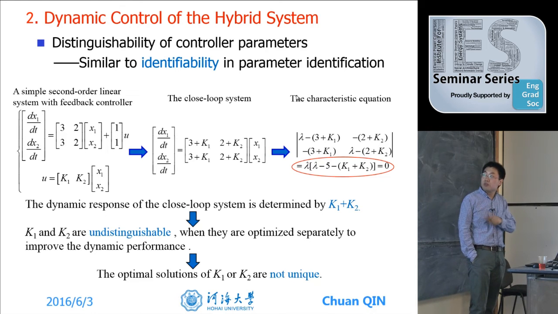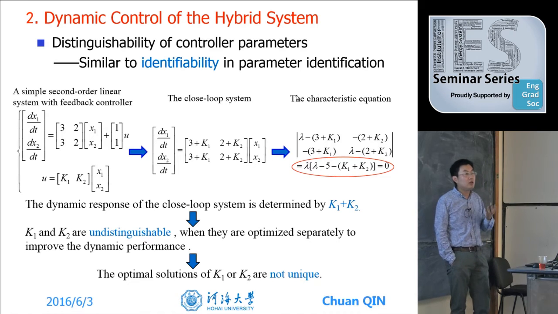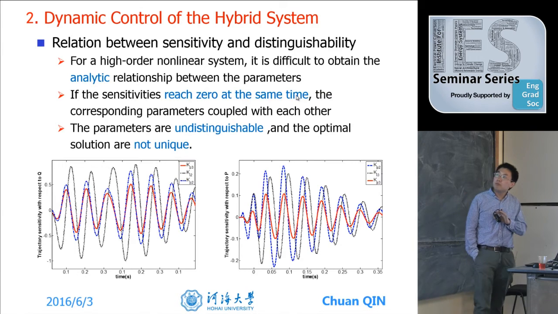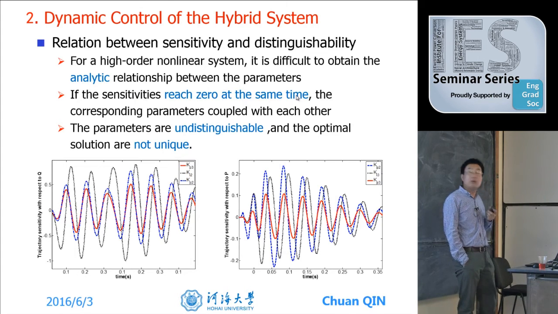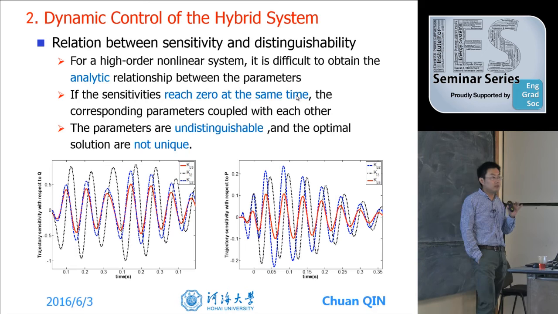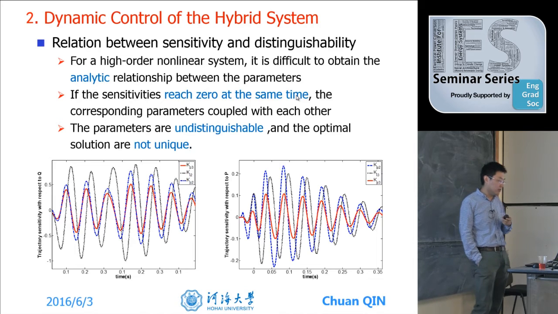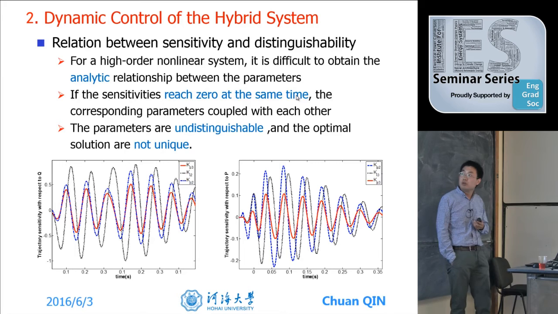In other words, in this equation K1 and K2 have a relationship with each other, K1 plus K2. But for a high-order nonlinear system, such as the high-rate system connected to the power grid, it's difficult to obtain the analytic relation between the parameters.